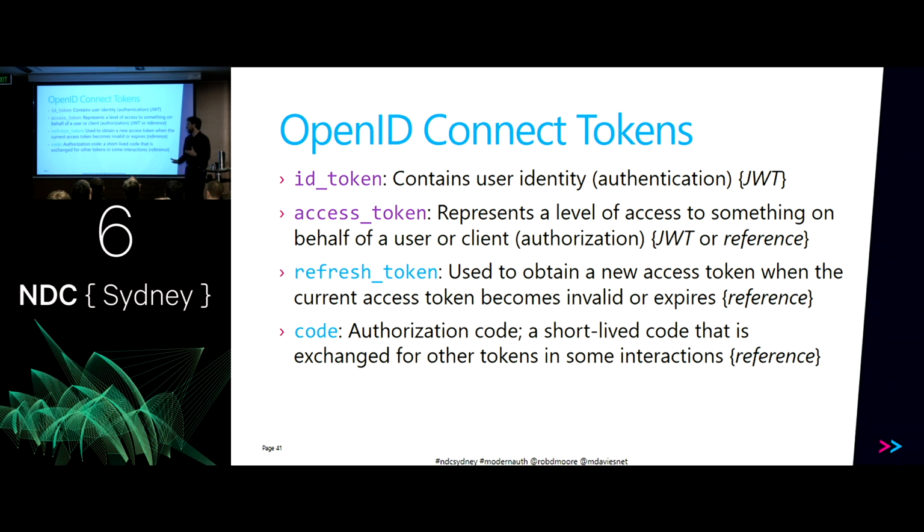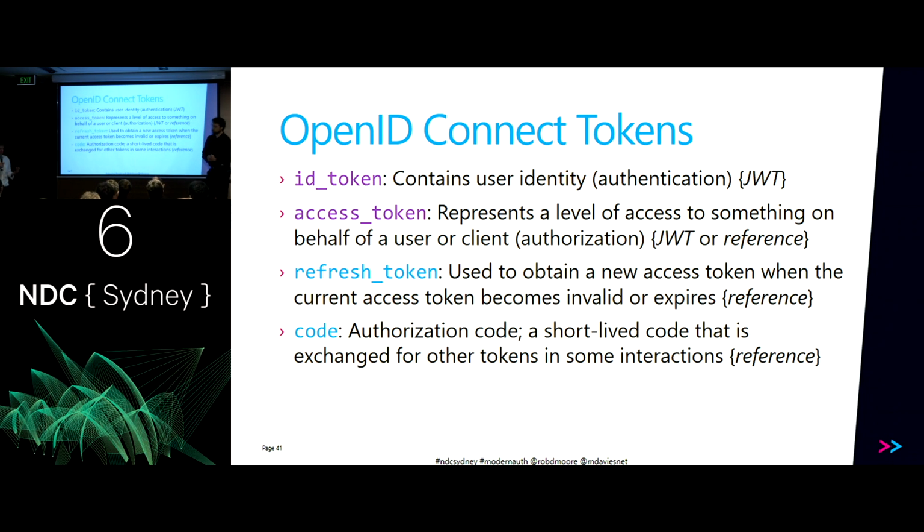Now, you can also have something called a refresh token. Refresh tokens are basically just the ability to get another access token when yours expires, and you might want to do that in certain types of applications. And the last type of token is a code, and this is just a short-lived code that you can exchange for a token in certain types of scenarios, which we'll cover a little bit later. In terms of the scenarios where you might want to use refresh tokens, it typically boils down to two scenarios.